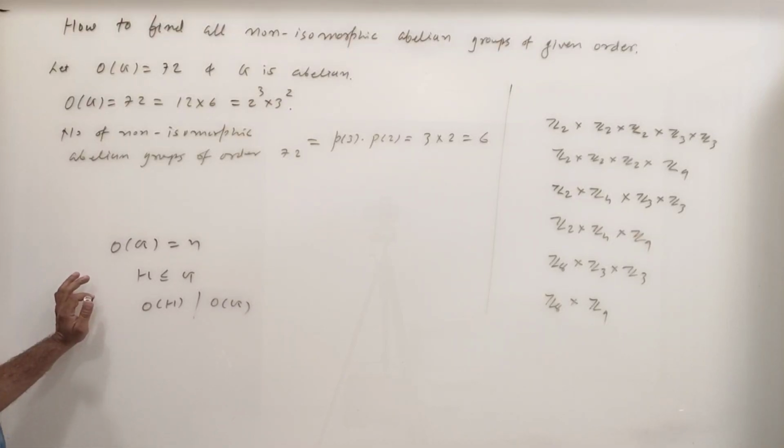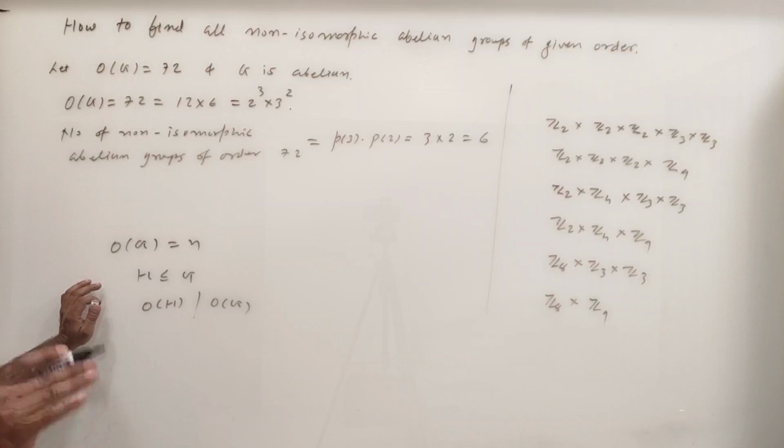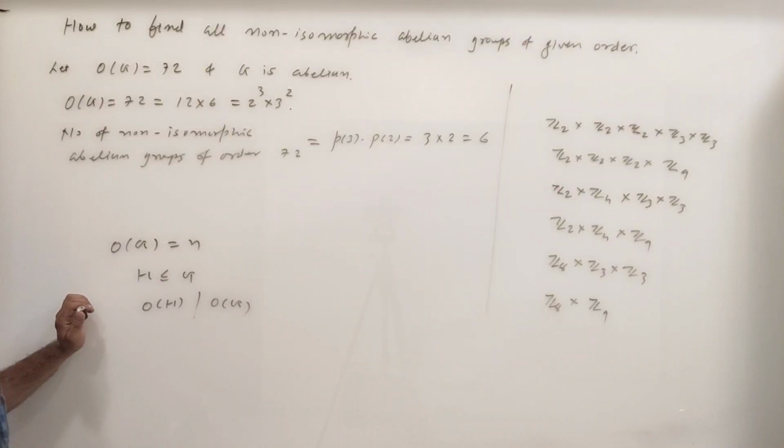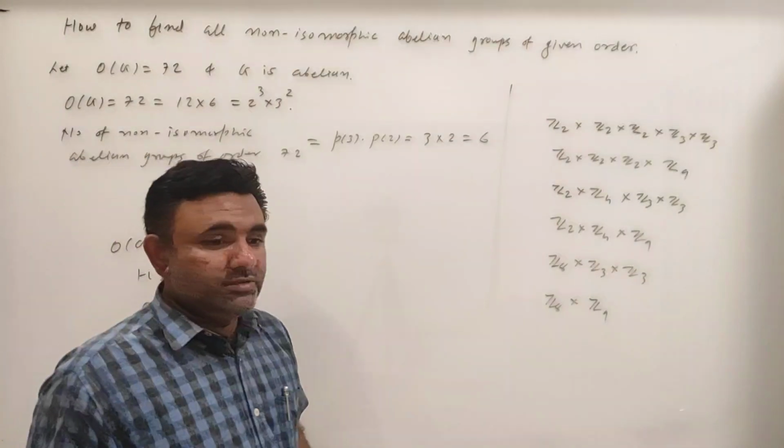And what is the converse? If G is a finite group, and if suppose K divides order of G, then there exists a subgroup of G of order K. So that is not true in general, but it is true for finite abelian groups.